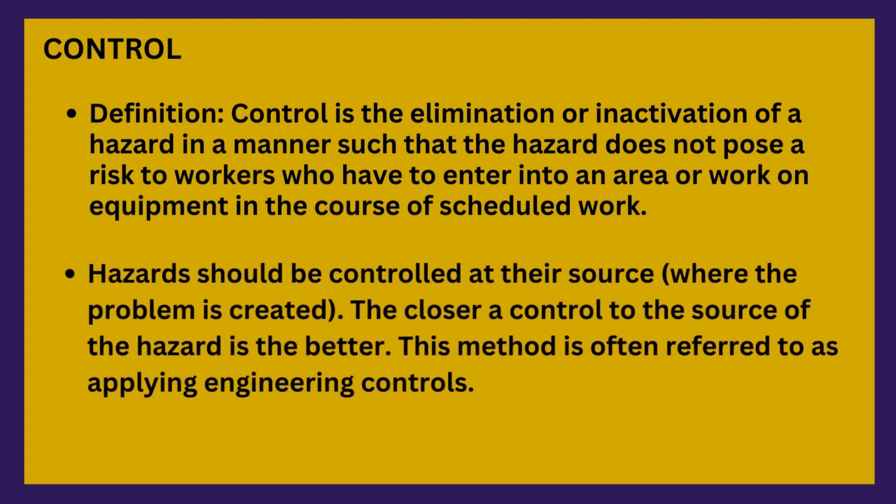Hazards should be controlled at their source where the problem is created. The closer a control to the source of the hazard is, the better. This method is often referred to as applying engineering controls.